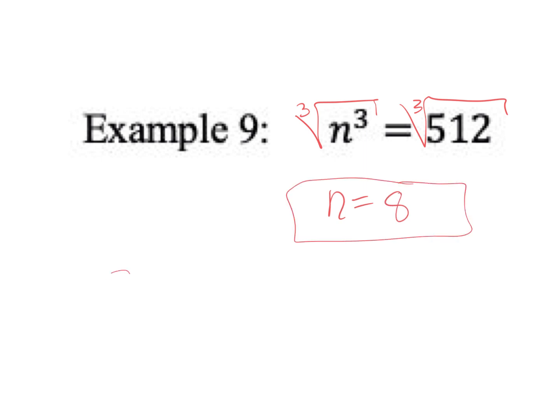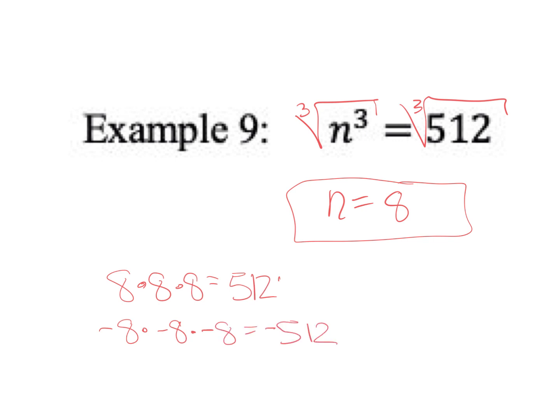Let's think about it. If I go 8 times 8 times 8, it's a positive 512. But if I do negative 8 times negative 8 times negative 8, this is negative 512. So when we have the cubed root, it's only one answer. Square root is 2 answers. Cubed root is 1 answer.